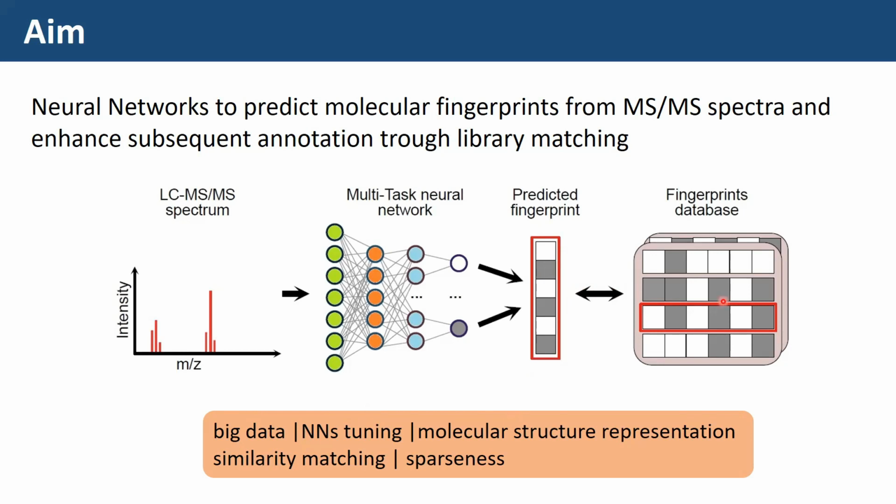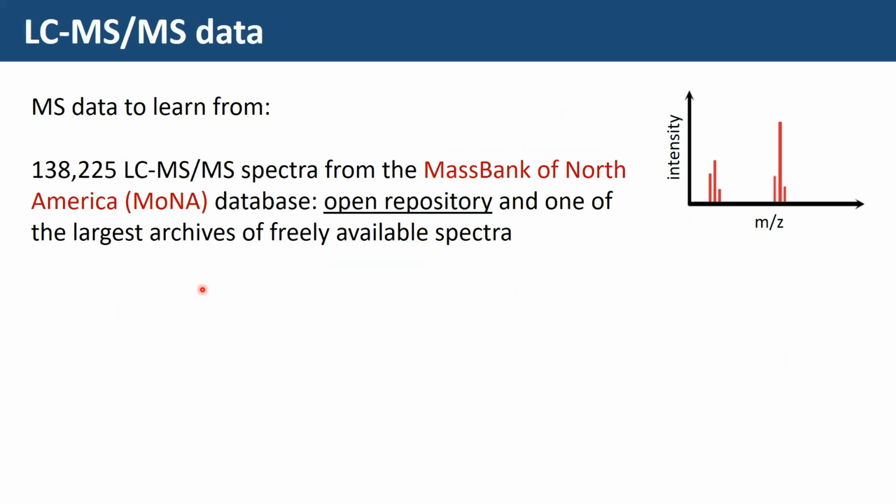So how to do that? Another issue is the sparseness of the data you have, because both the fingerprints, which are binary data, and the mass spectra are very, very sparse. So a lot of things to play with. So how we organized our modeling part. We started from the data.